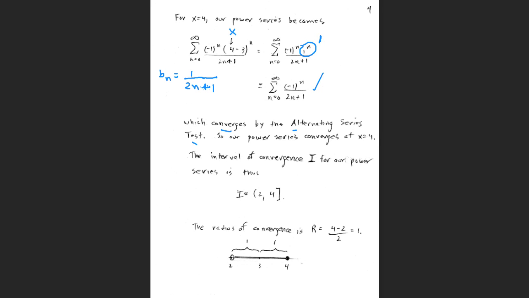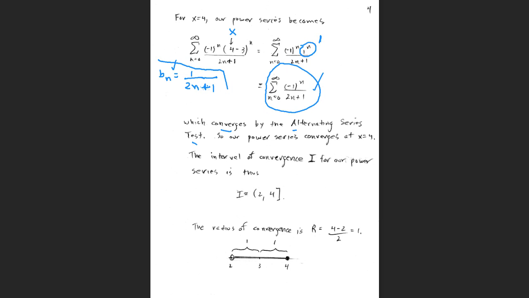Using the alternating series test on this alternating series, b sub n is 1 over 2n plus 1. That means the terms of the series, disregarding the plus or minus part, are getting smaller with n, so they're decreasing, and they're approaching 0.